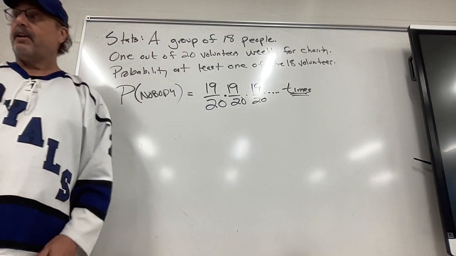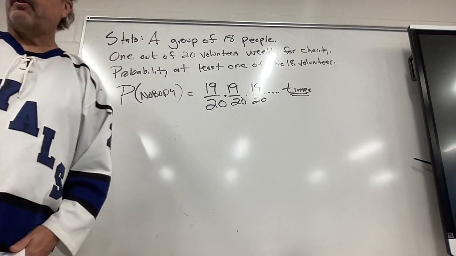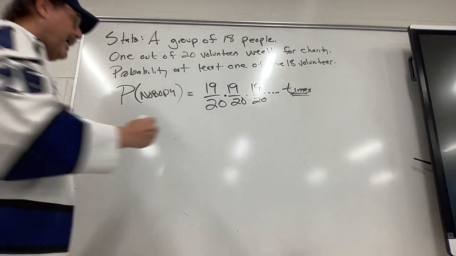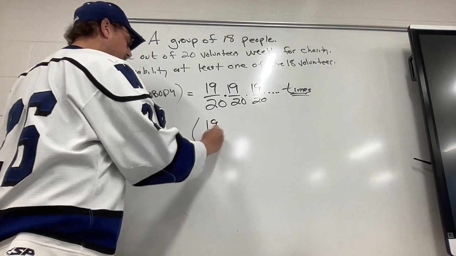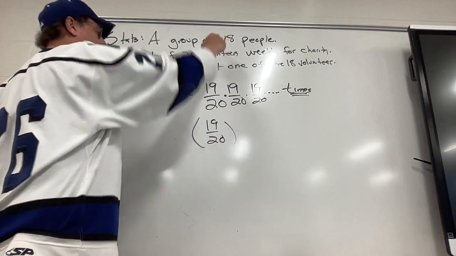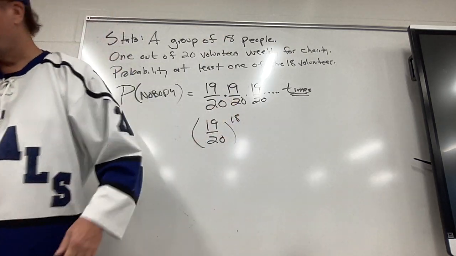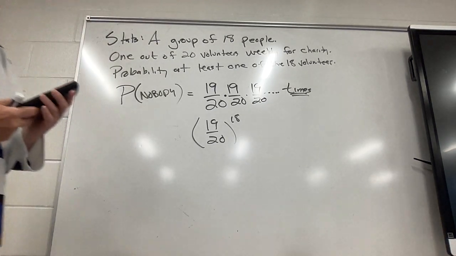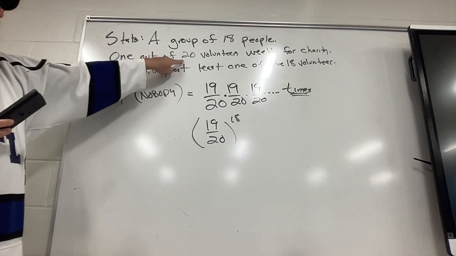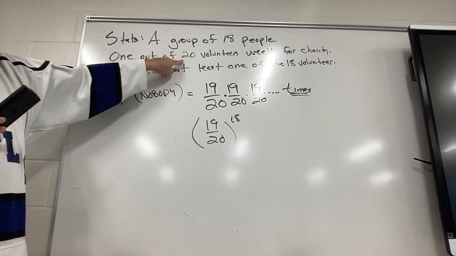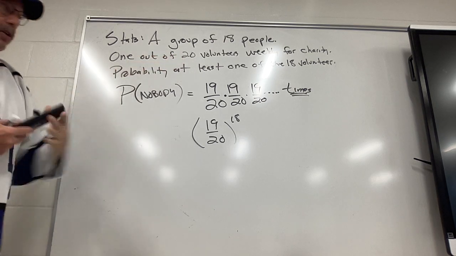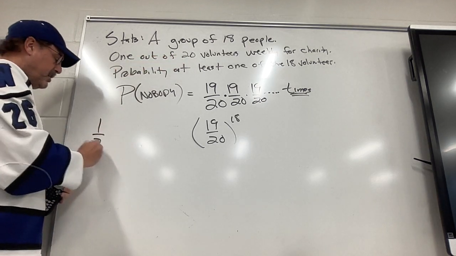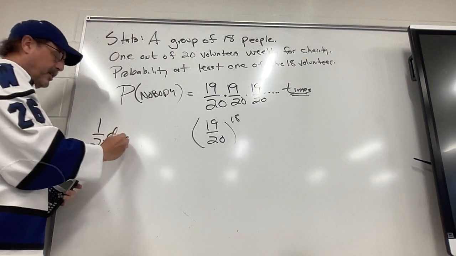So it's the probability that you don't, and you don't, and you don't, and you don't. So that becomes 19 twentieths, and there are a total of 18 people. So here we go, 19 twentieths, the 18th power. Because we have 1 out of 20 volunteers, so 1 out of 20 does volunteer.